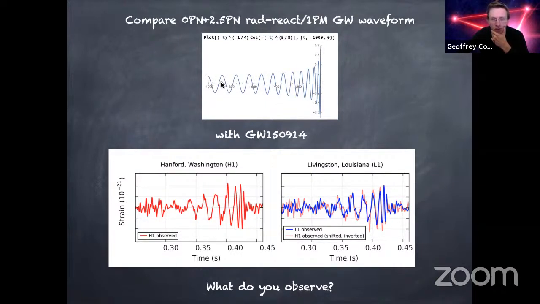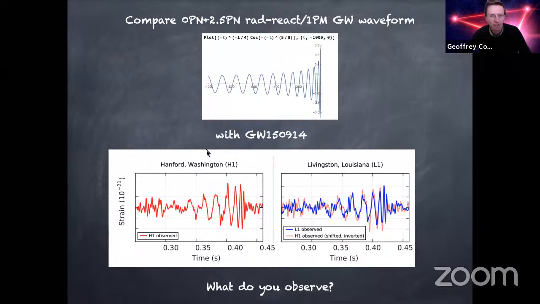So this is, of course, the most crude waveform you can build up. It explodes at first, and it does not contain any corrections. But it's still useful to compare it with the observations. So here, what do you see in this comparison? Well, of course, there's not this infinite behavior.